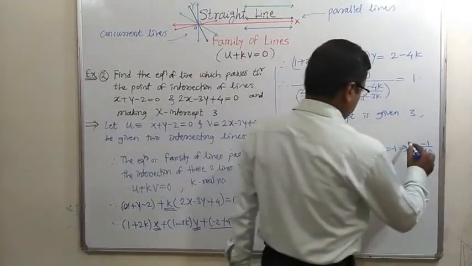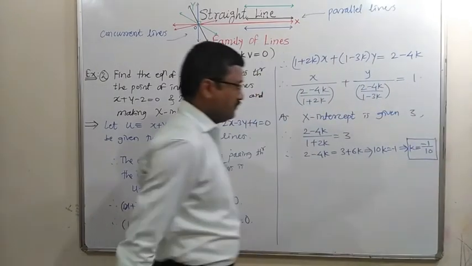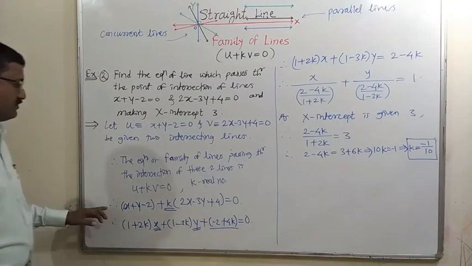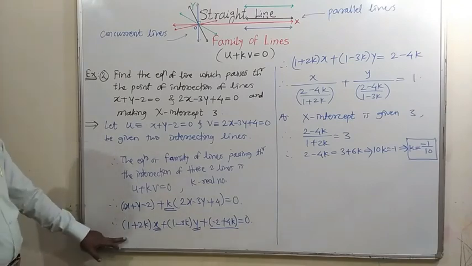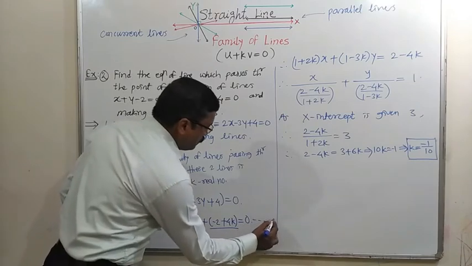That is important to find, because without k we can't find the equation of the line. Now call this equation number 1.